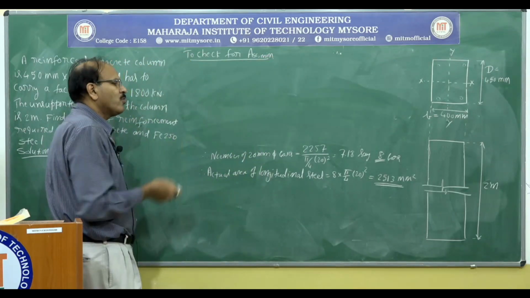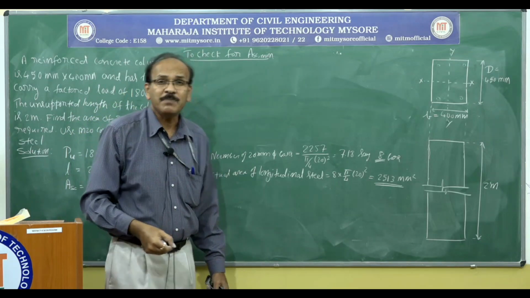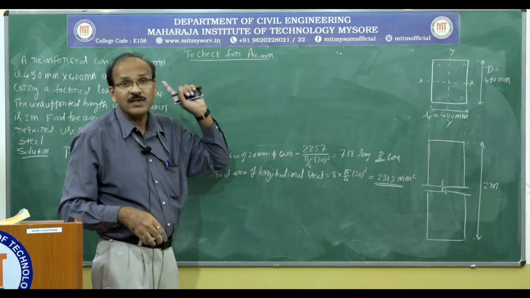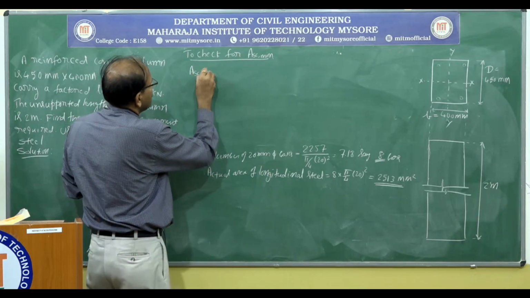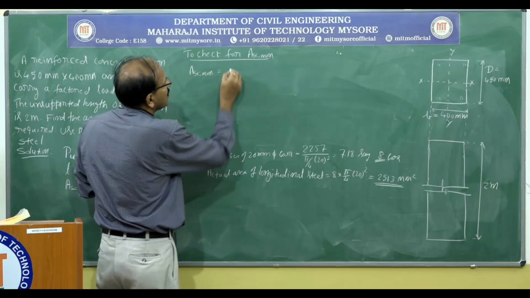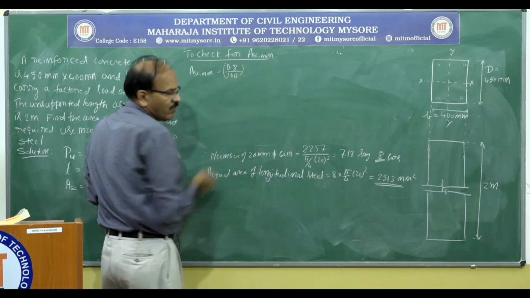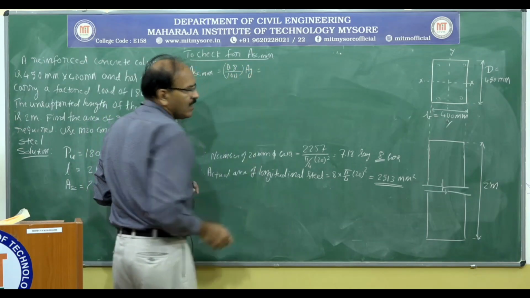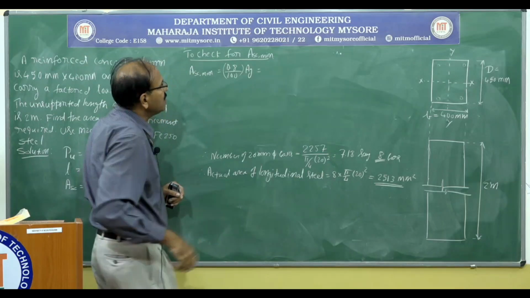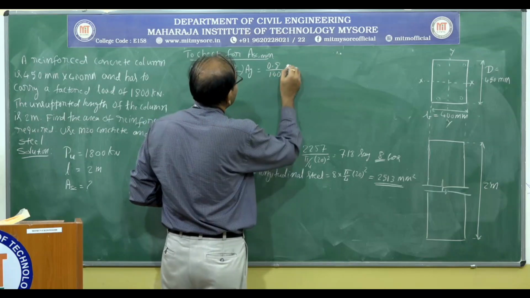okay, as per code, what is the minimum area of reinforcement? That is 0.8% of the gross sectional area. So ASC minimum equal to 0.8% means divide that value by 100 of gross sectional area of the column section, that is 0.8 divided by 100.